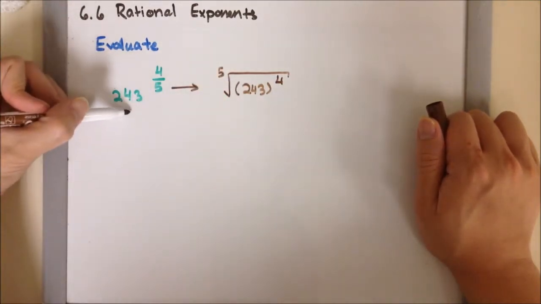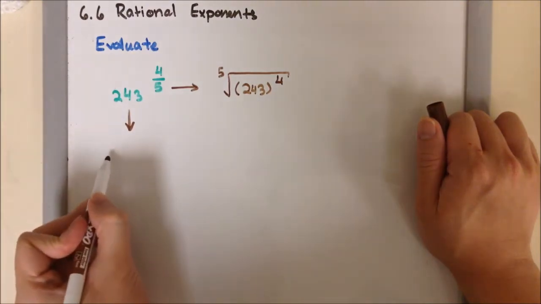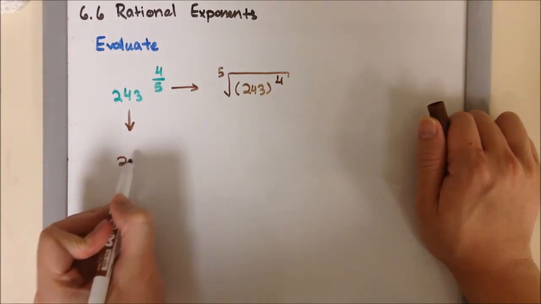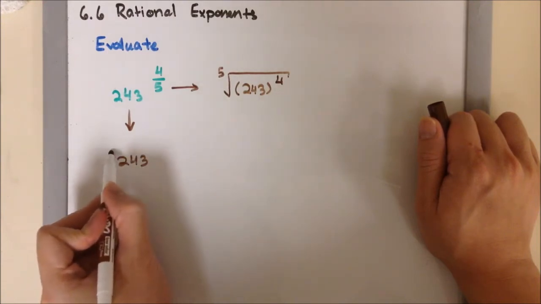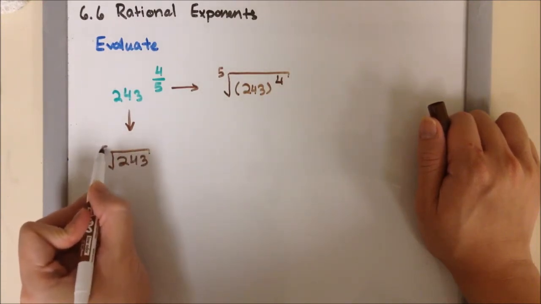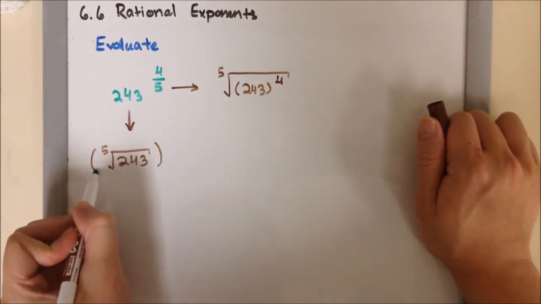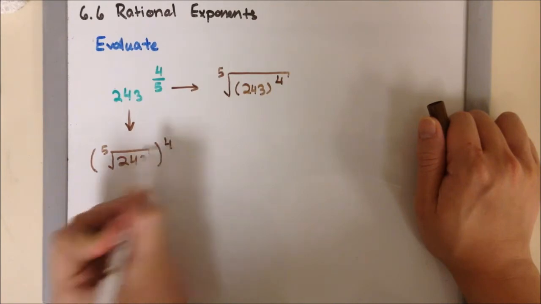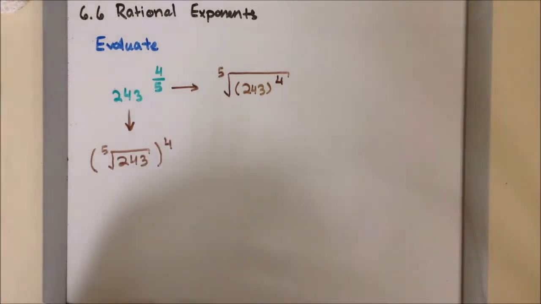Or the other form, which I'm going to write down here, is the fifth root of 243, and then raising it to the power of 4. Now, the reason I wrote both forms is I'm going to talk about which form is best to use.